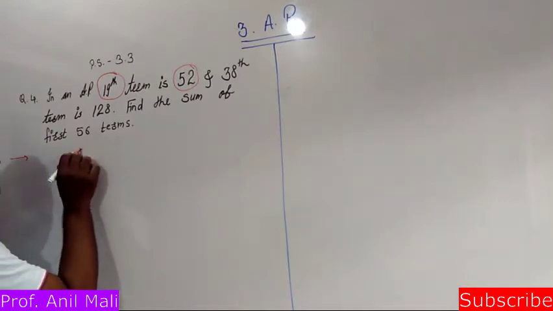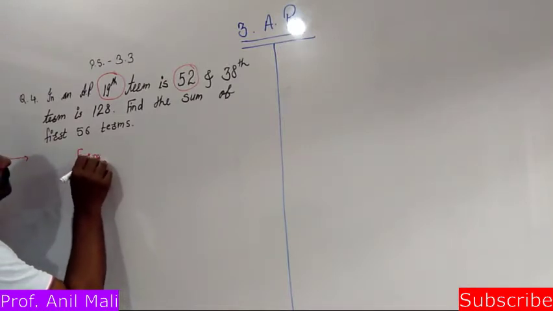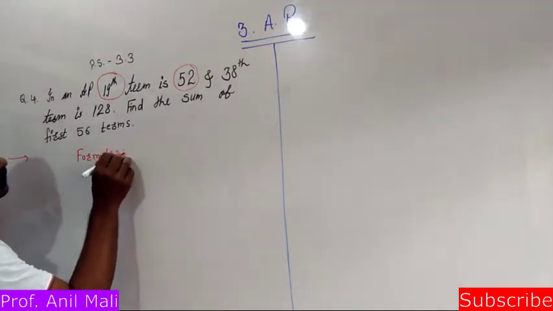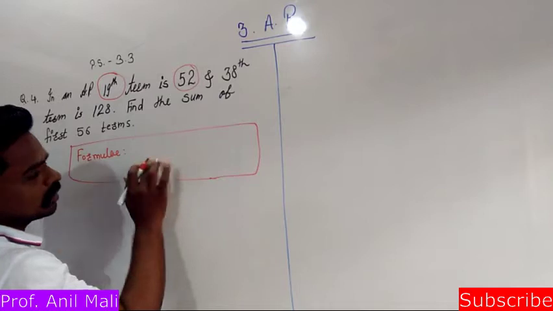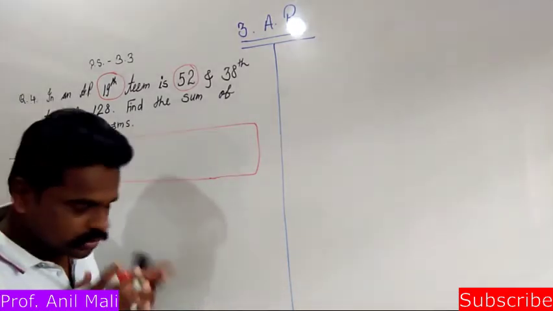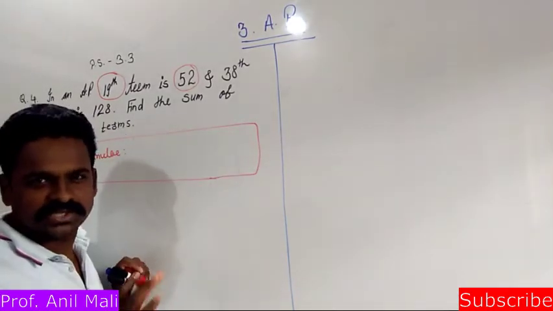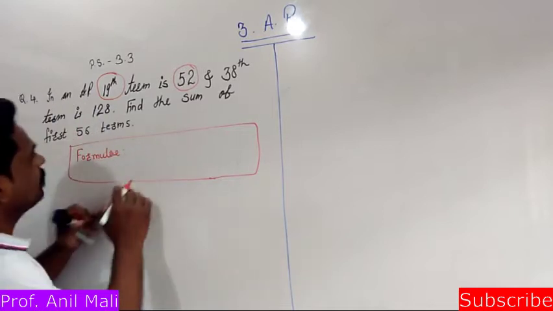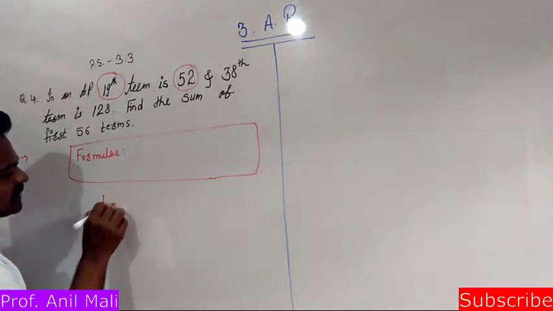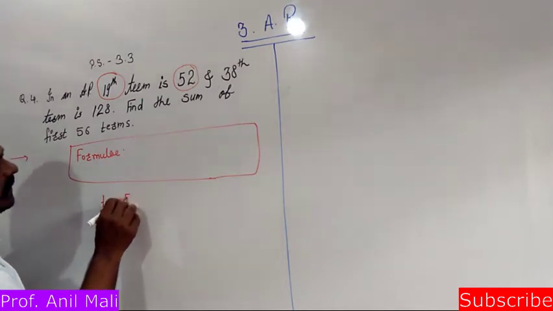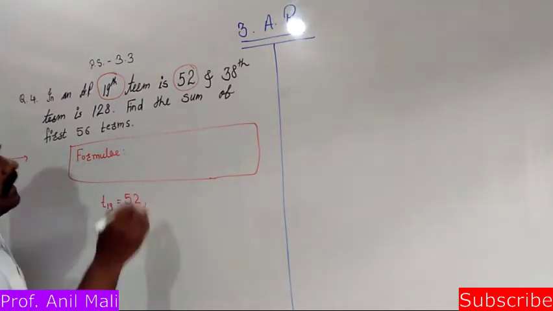Here I'll leave some space for the formula, since I don't know which formula is going to apply here. Below that I'll write the given data. T19 is provided to us, and it is 52.